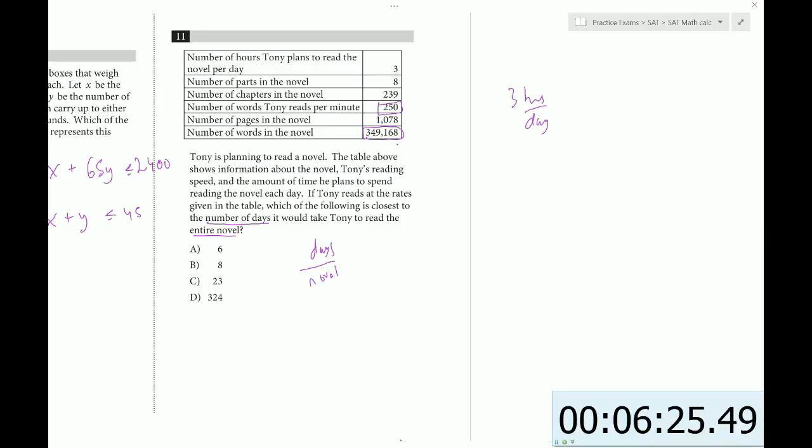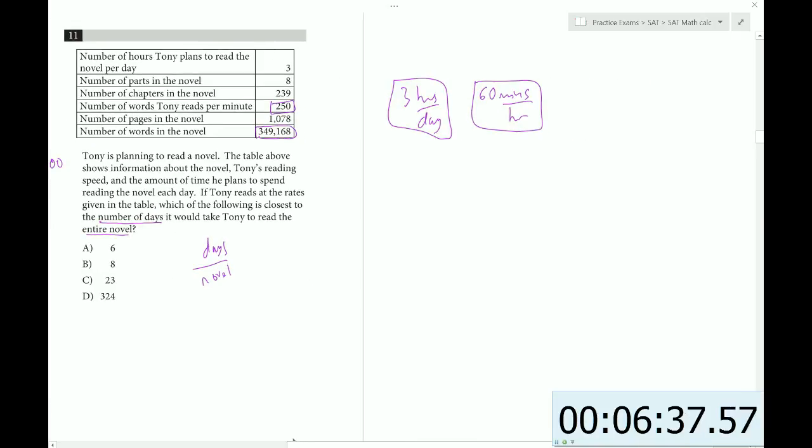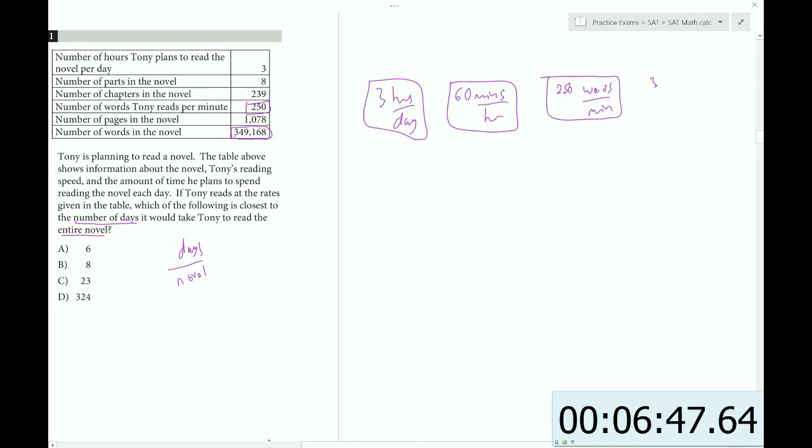And we can convert to days if we do hours. Okay, so it's 60 minutes per 1 hour, and 250 words per minute, and then 349,168 is words per novel.